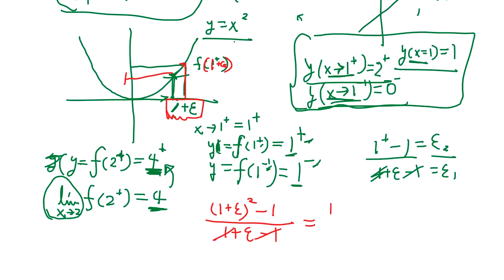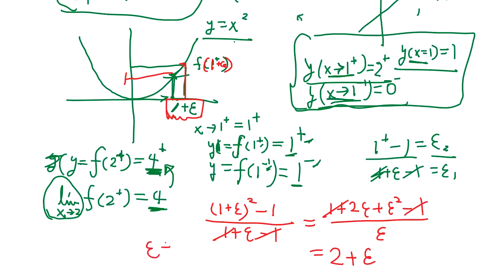So this is going to be 1 plus 2 epsilon plus epsilon squared minus 1, and the 1 disappears and epsilon stays, so it's going to be 2 plus epsilon. Now we make epsilon very small, infinitesimally small. This is going to be 2 plus, right? And if you take the limit, it's 2. So the limit of this ratio is going to be 2.